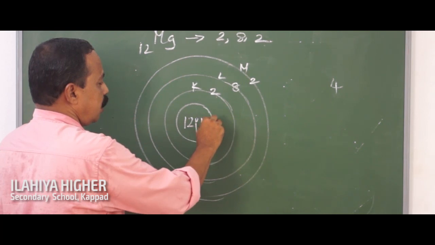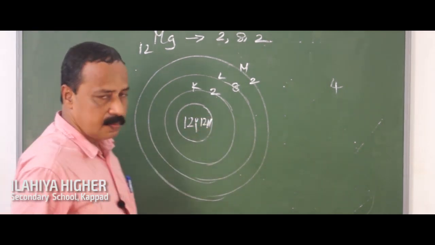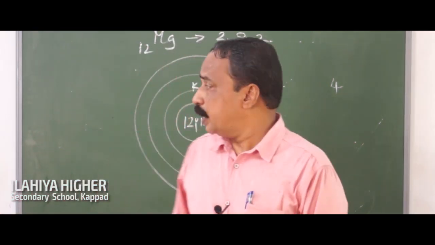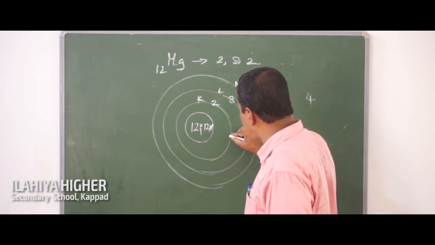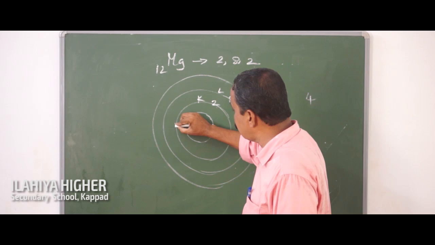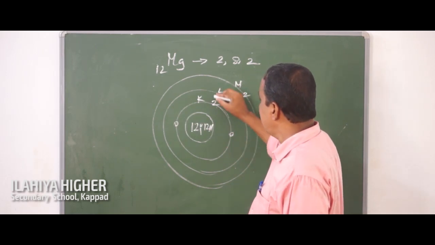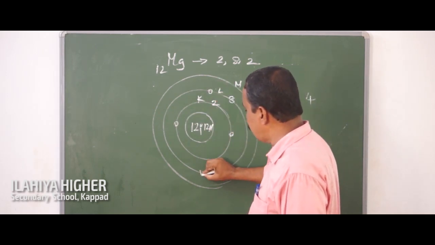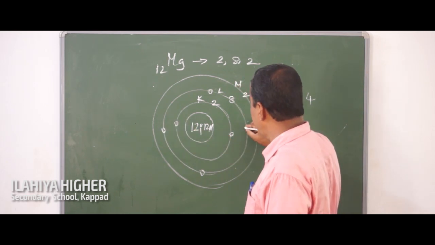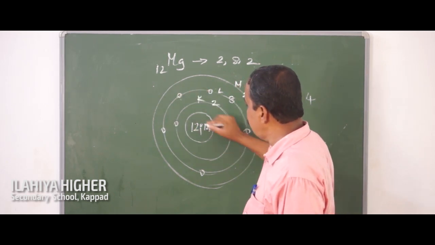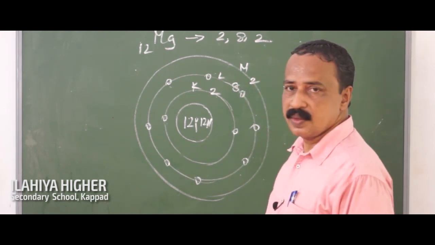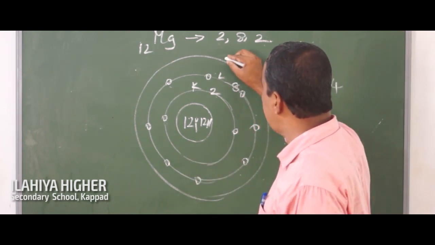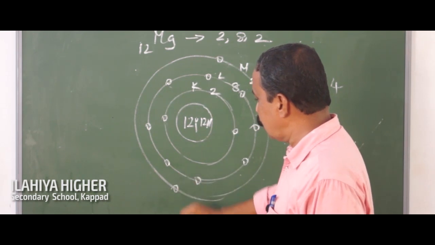Mark the K shell with 2 electrons. In the L shell, 8 electrons: 1, 2, 3, 4, 5, 6, 7, 8. And in the M shell, 1, 2 electrons.